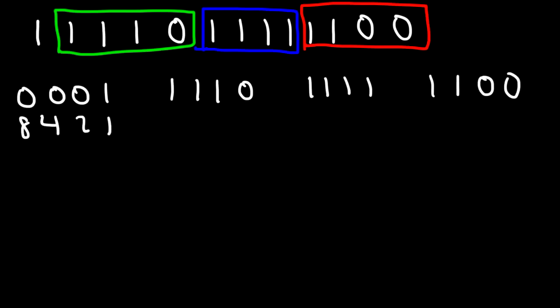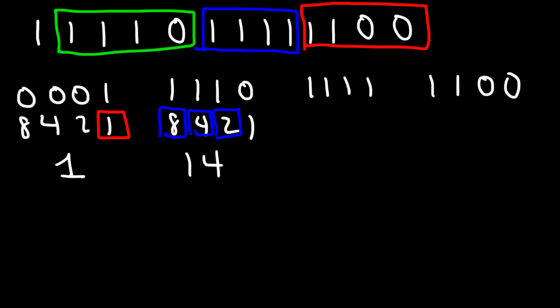So for this one, only this number is significant. So we have a value of 1. For the second one, the numbers 8, 4, and 2 are important. So 8 plus 4 plus 2, that's 14. And for the last one, all of them are important. So they add up to 8 plus 4 plus 2 plus 1, that's 15.